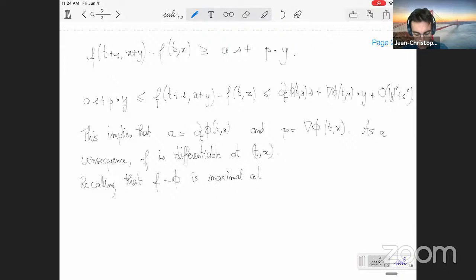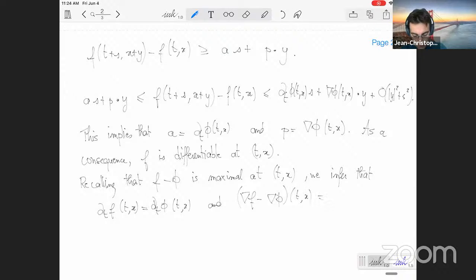I mean, it's a local maximum, okay? So dt f equals dt phi. And maybe I'm going to write like this, grad f minus grad phi, and tx equals 0.